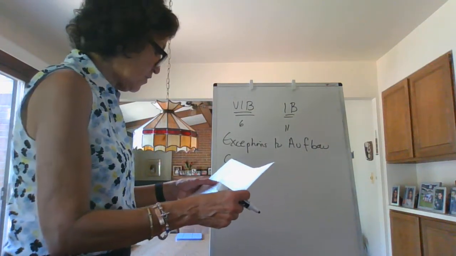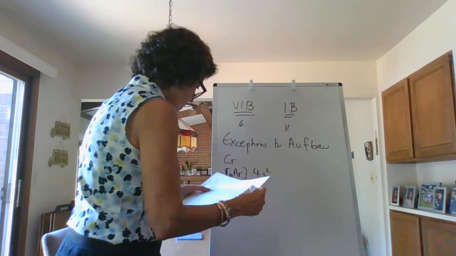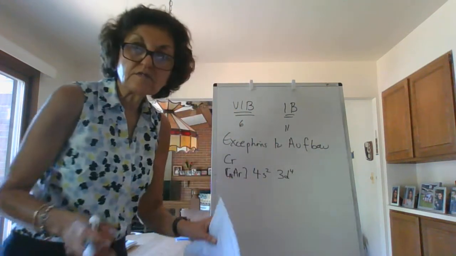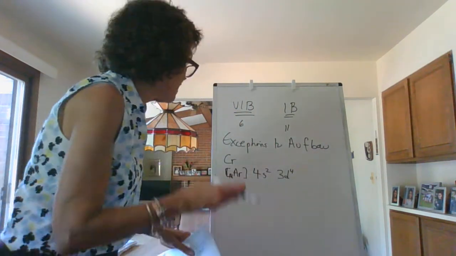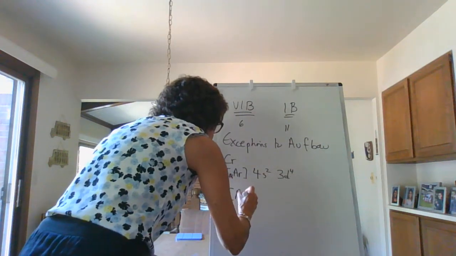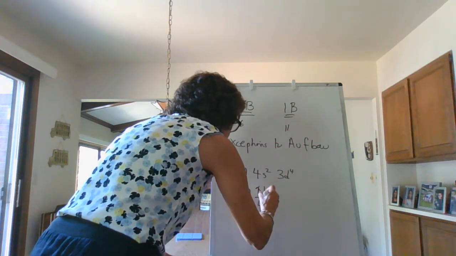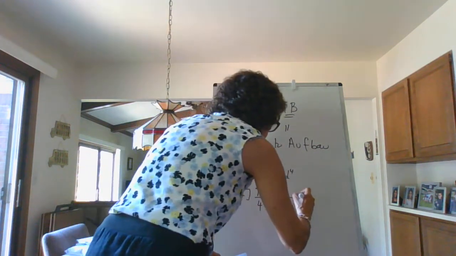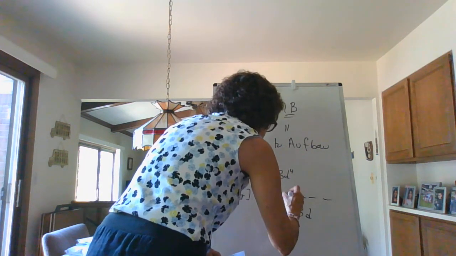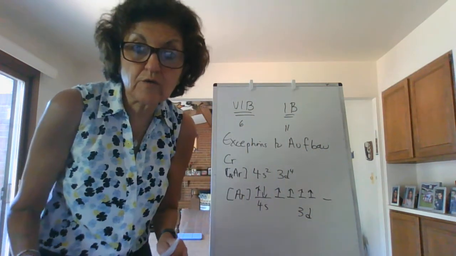And then we go 4s2 and then 3d4. Okay, so that's according to Aufbau. Now, if I was going to do the orbital diagram, it would be argon. Here's my 4s. And then 3d4, 1, 2, 3, 4, 5. This is 3d. Single, single, single, single. Right? According to Aufbau, this is what it would be.